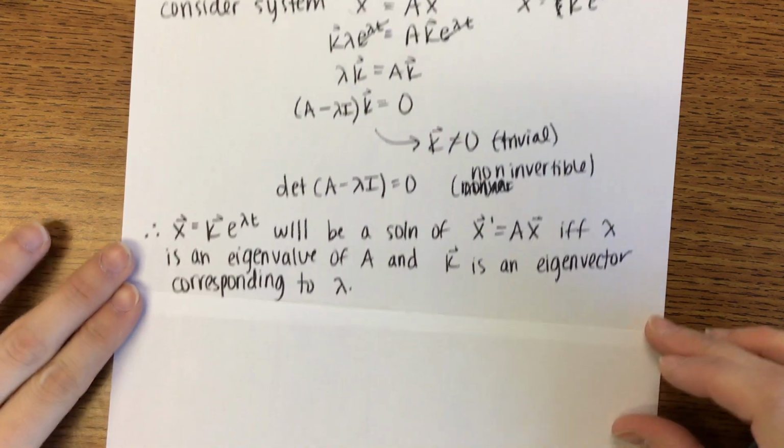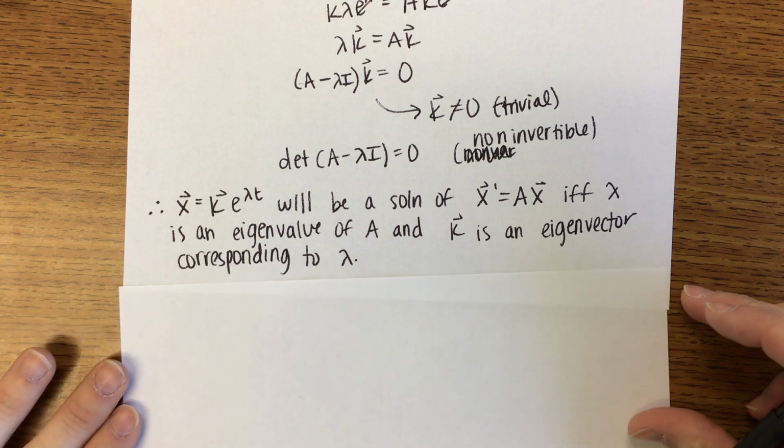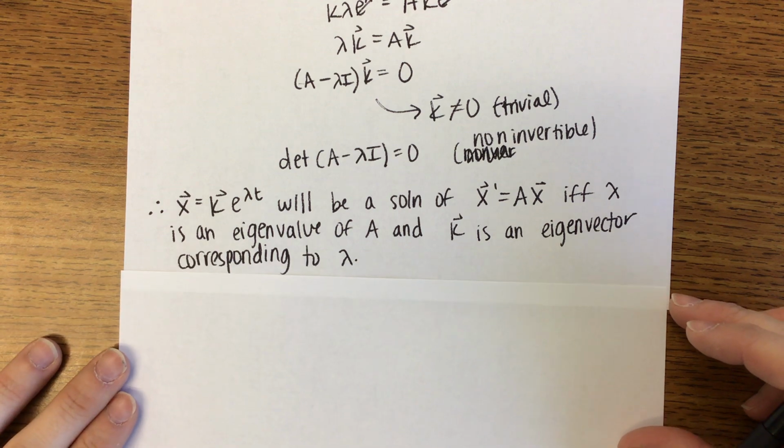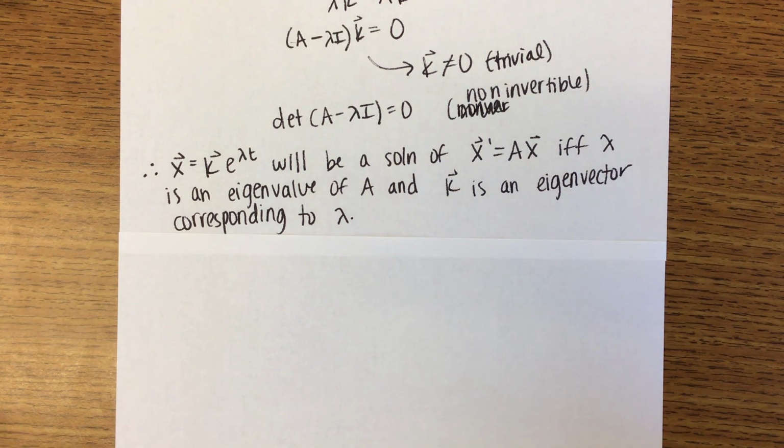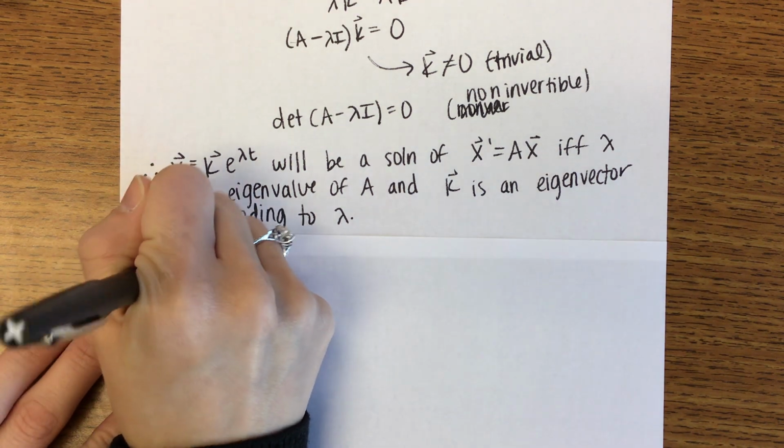So you should have maybe been able to see that because I told you we would be using eigenvalues and eigenvectors for these notes. Okay, so we got a quick theorem to write down, and then we'll jump into some examples.